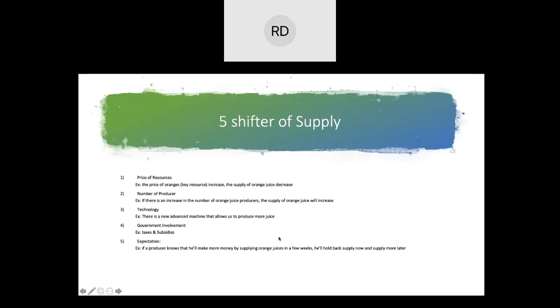So as of now, I'm going to hold it back, and that's how expectations also affect the supply curve.